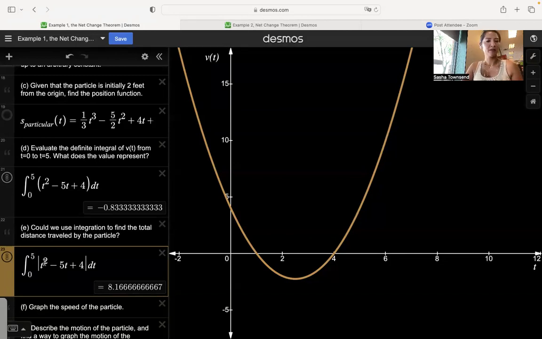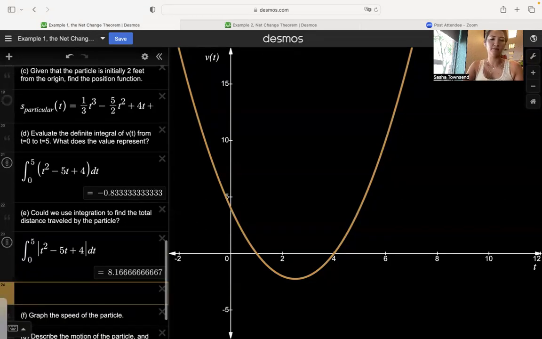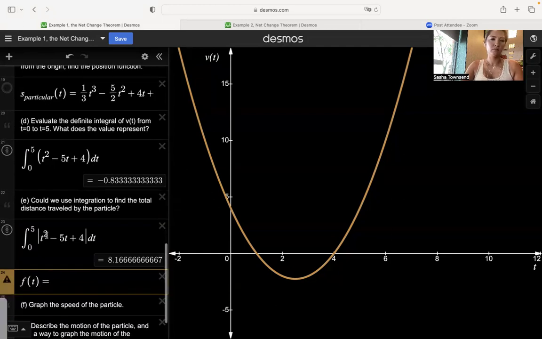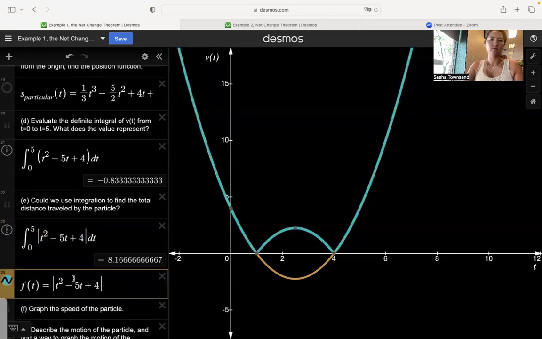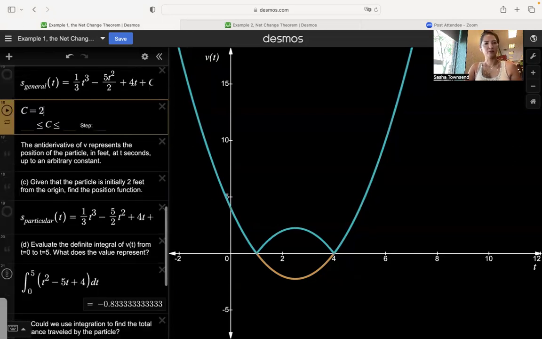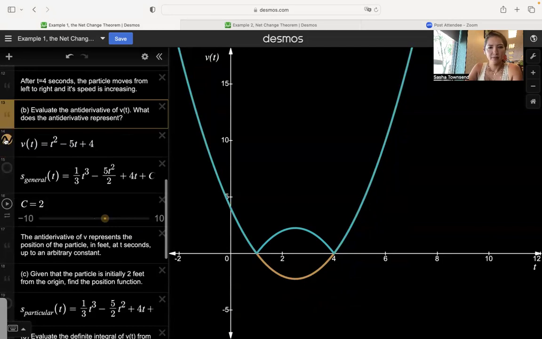You might say, well, how does that relate to this function? Well, let's look at the speed function. Speed looks like that. I think it's relatively easy to see. This is our velocity, that orange graph, right?